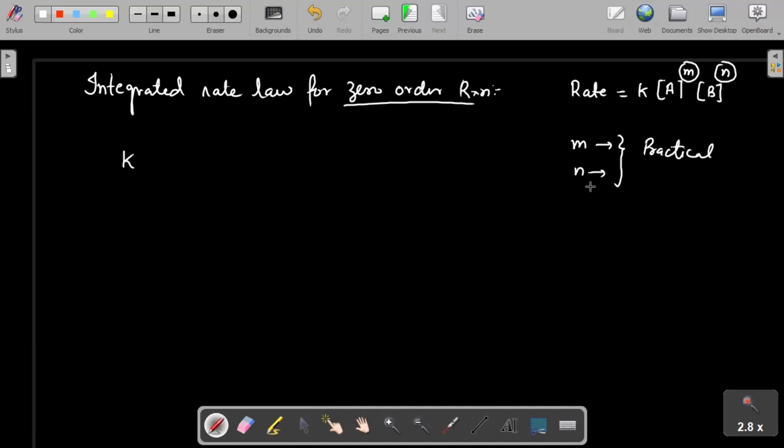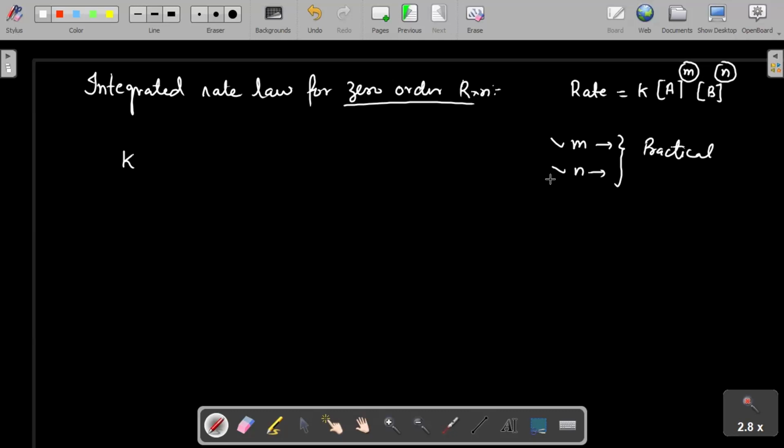We have to do various experiments, and from the data obtained, we have to find the values of m and n. So we cannot get them from a chemical reaction simply by writing it. These are experimental values, found after doing several practicals and drawing graphs. So m and n are not possible to find every time, so we have to integrate.